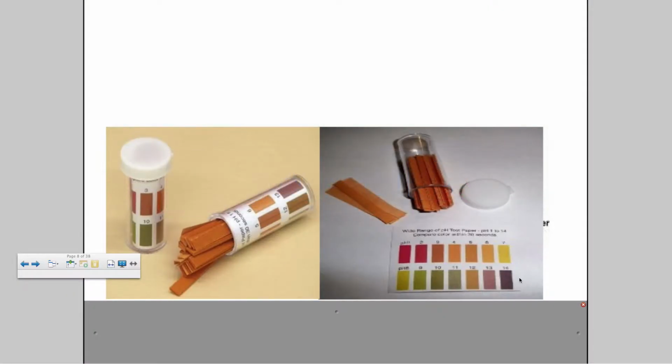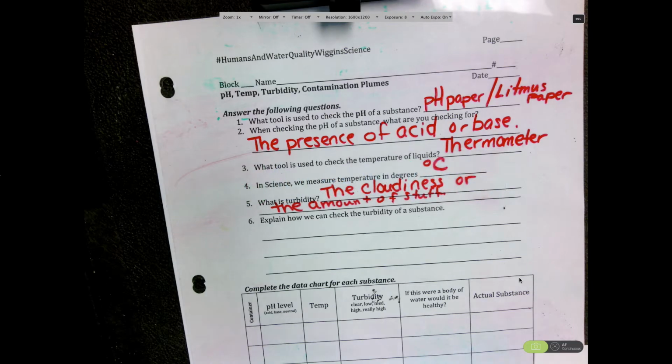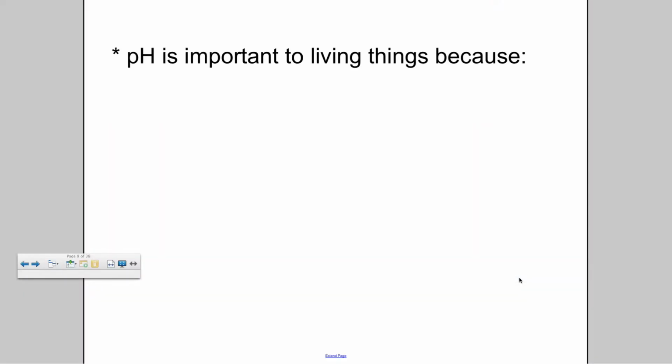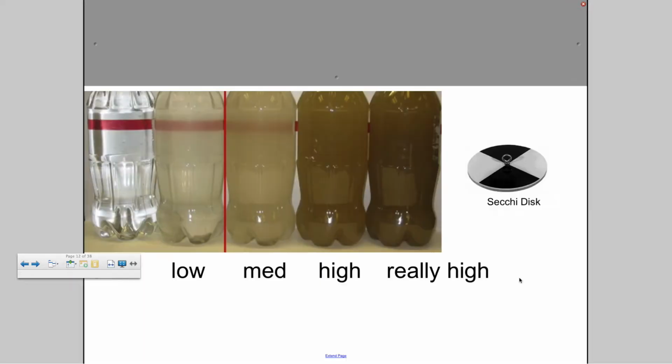Okay? That's one way. What was another way that we can measure turbidity? Okay, very good.